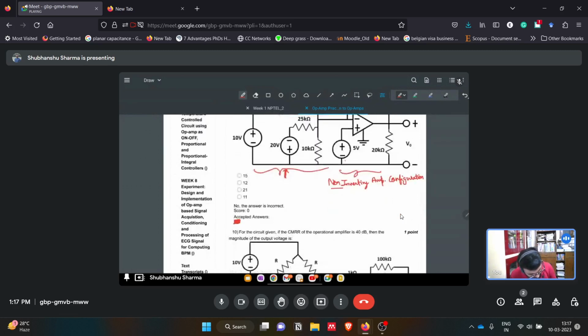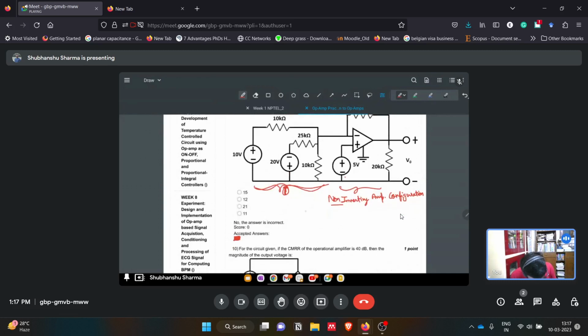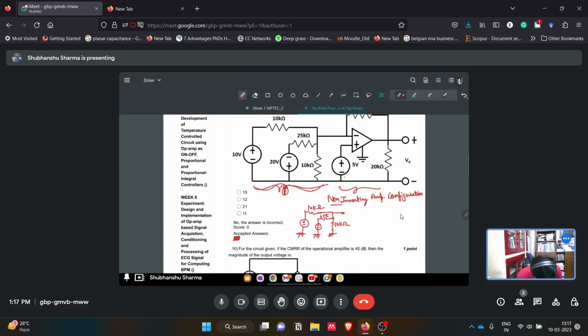So if you look only at this part of the circuit, we have one voltage source like this, and we have another voltage source like this. This is connected to the inverting terminal, and we have one 10 kilo ohm resistor here. Can we use the source transformation concept here? This is 10 volt, this is 20 volt.